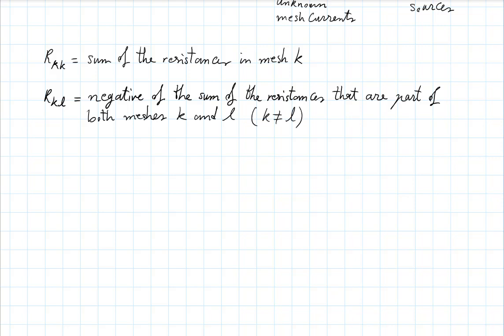K and L are not equal. For the case they're equal, namely the diagonal elements, we have already talked about it at the top there.